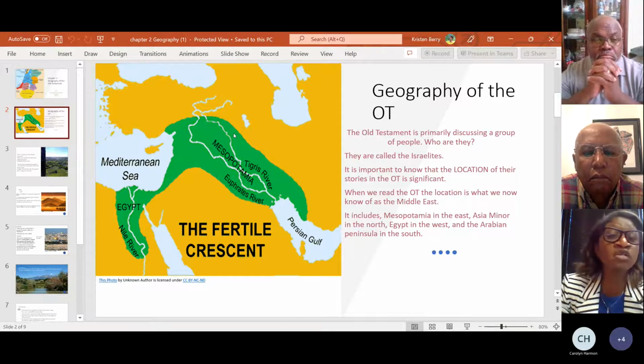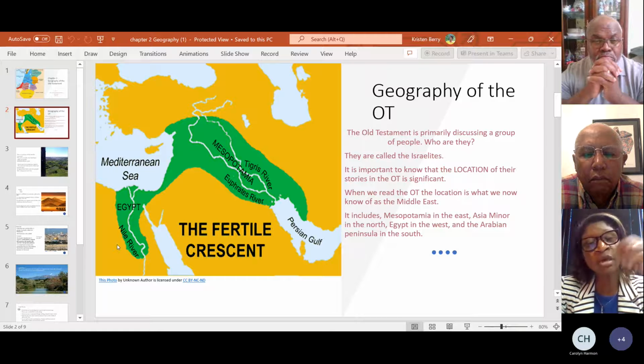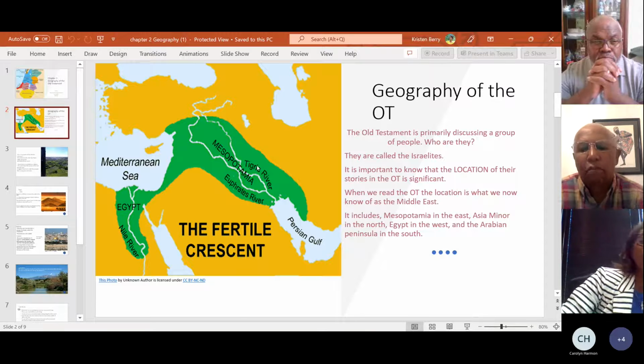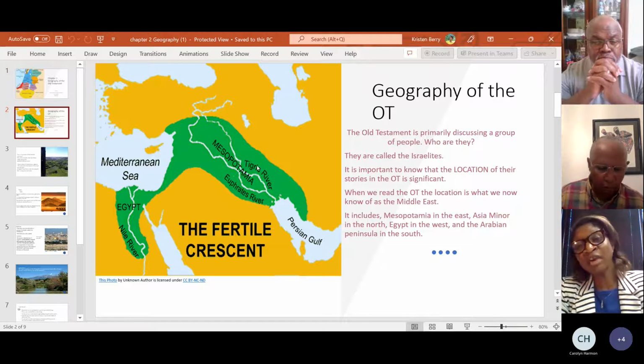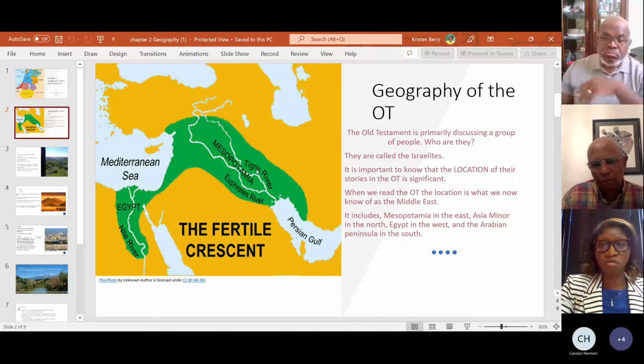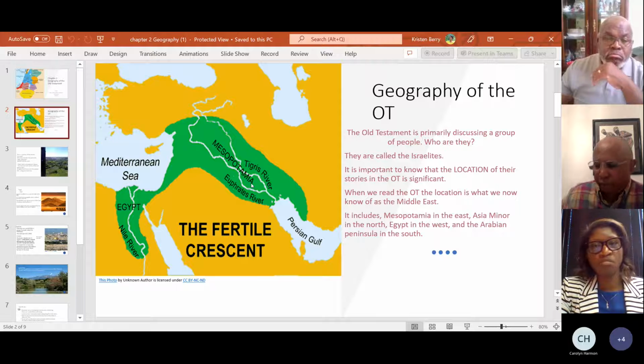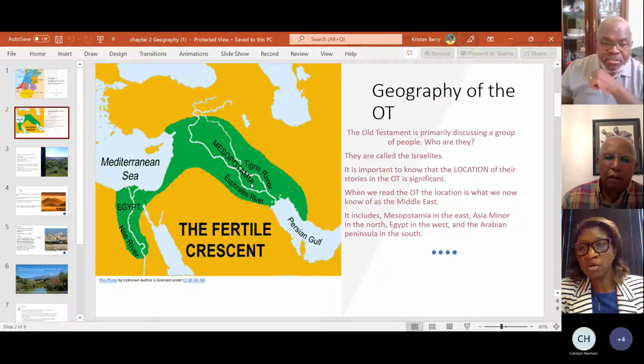Here's another thing that I want you to think about too, y'all. I want you to think about travel in geography, in Old and New Testament. But since we're in the Old Testament, think about travel in these areas. No cars, no trains, no buses. Everybody's traveling how? How are these people traveling?